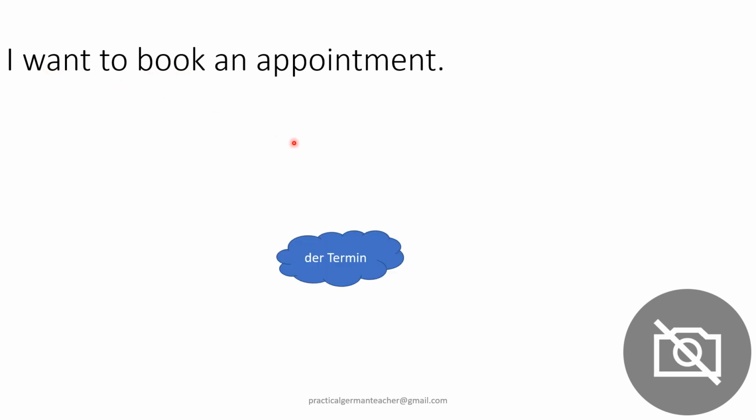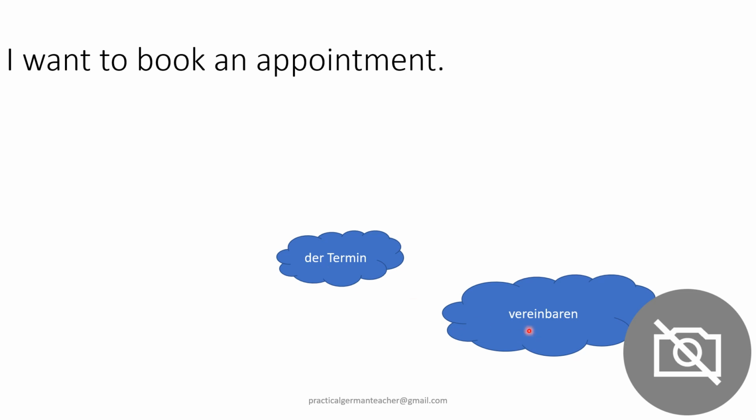Of course you need to know the word for appointment, which is Termin, and it's masculine, so der Termin. Then to book, there are many options, but it depends on the context. Here, as per the context, the correct German verb is vereinbaren. This is not a trennbare verb.